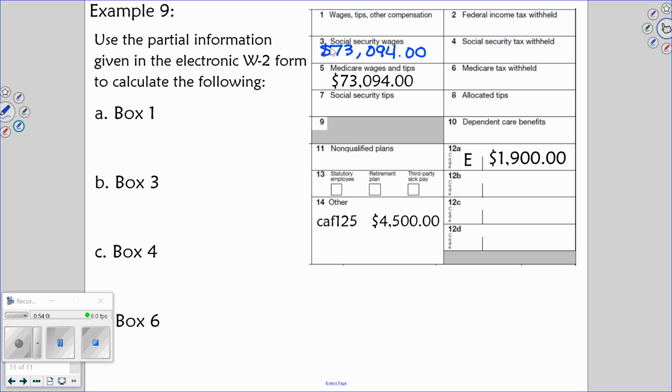So for box 1, I'm going to take the 1,900 and add the 4,500. What's 1,900 plus 4,500? 6,400. That's all the money that was taken out pre-tax. So box 1 is not including that. So I'm going to take the 73,094 and subtract all of that off of there.